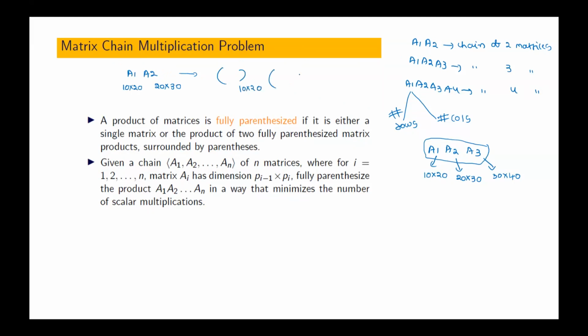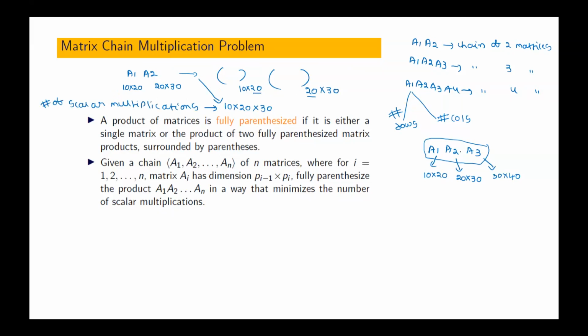Last class we discussed this: 10 into 20 into 30. This we call scalar multiplication. So the number of scalar multiplications in this case is 10 into 20 into 30.